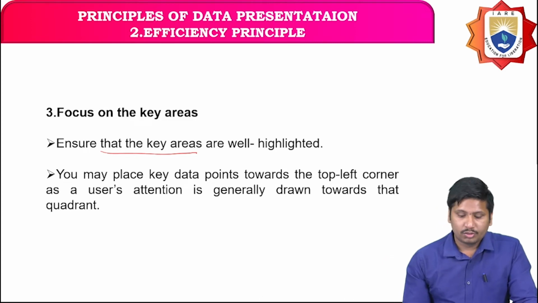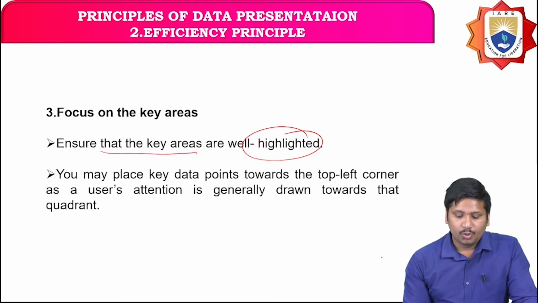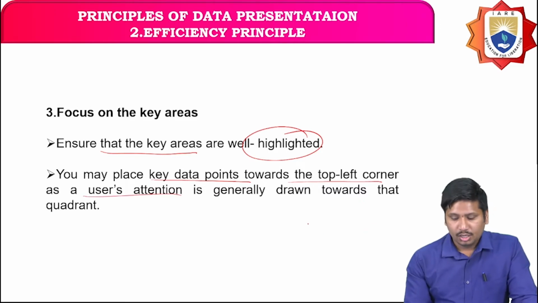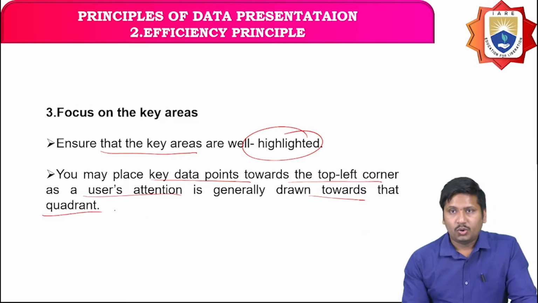For that, you have to highlight the text. You may also place some key data points towards the left corner, so that the user's attention is generally drawn towards that quadrant.